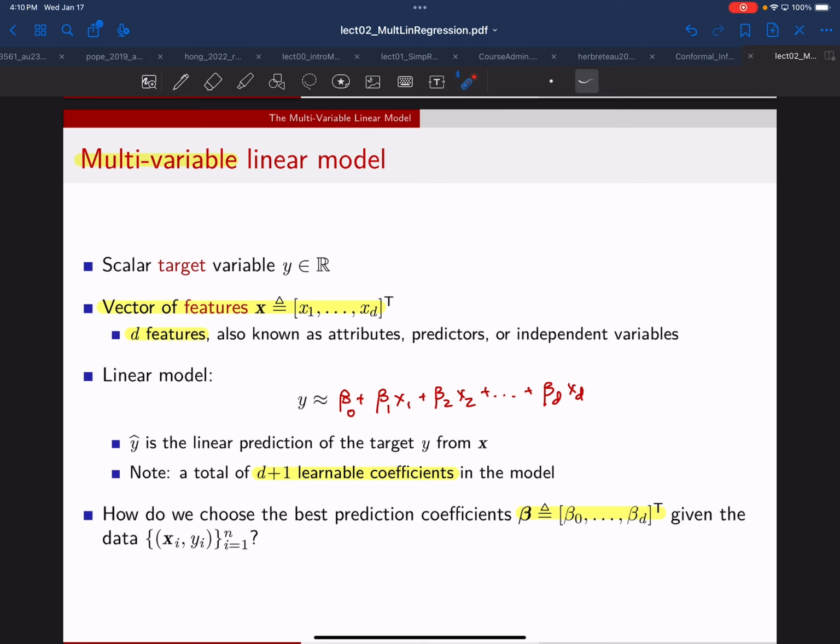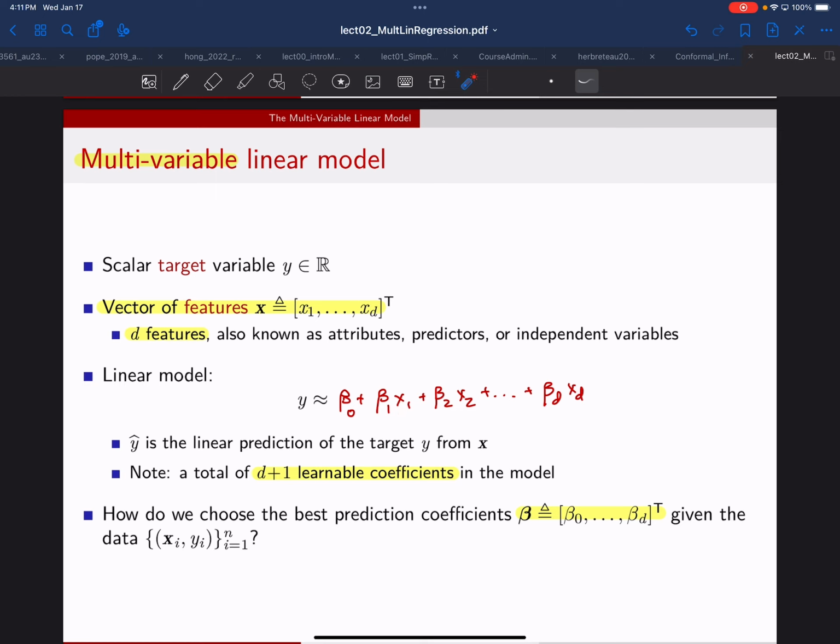We were considering a multivariable linear model where the target is approximately equal to some intercept term plus linearly scaled versions of our D different features.